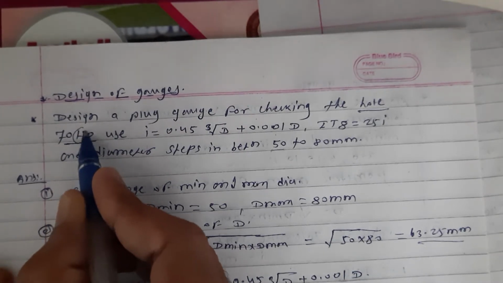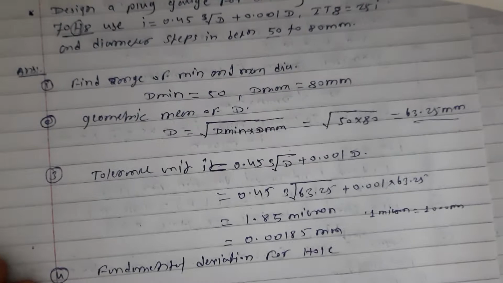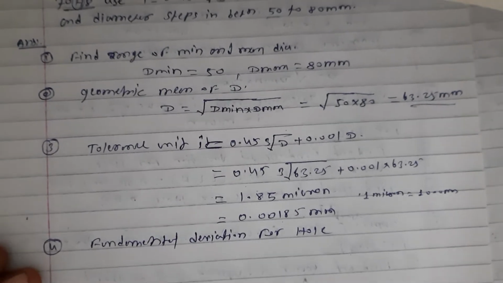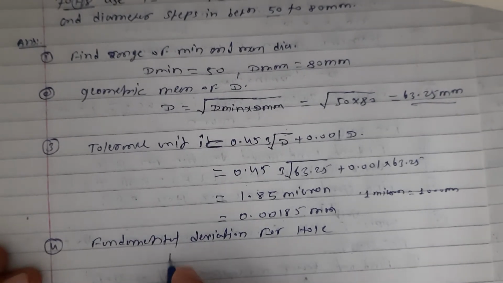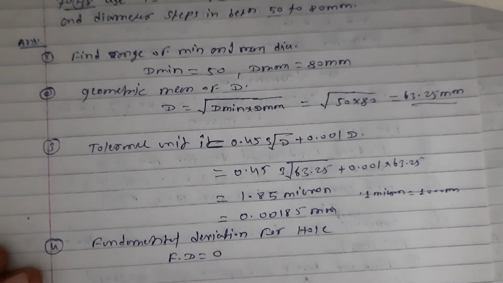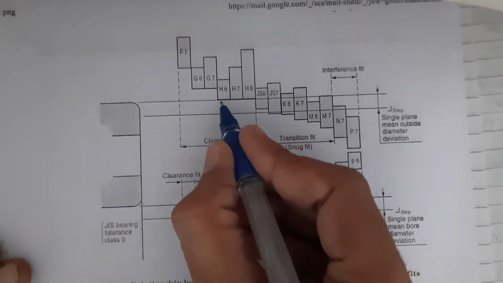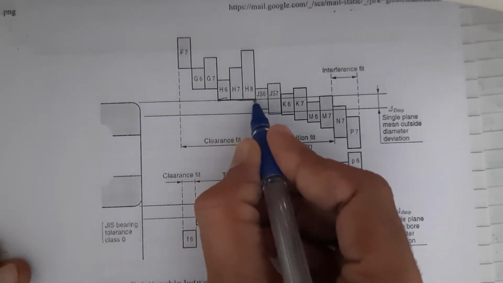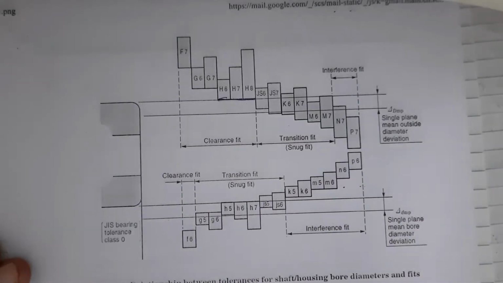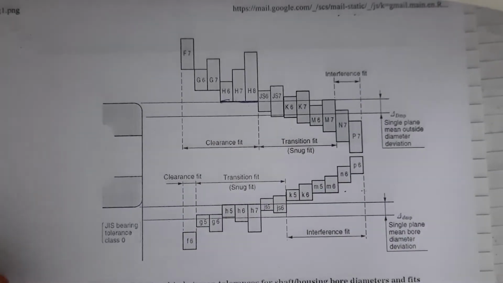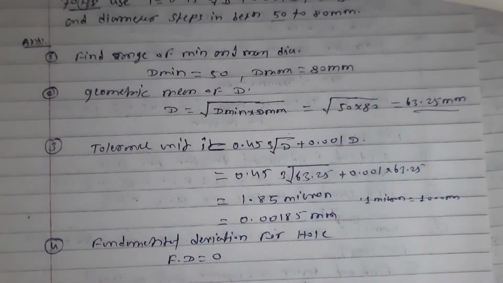H is the fundamental deviation, and for H it lies on the zero line. That's why the fundamental deviation is equal to 0. Remember that I have shown in the chart: the fundamental deviation is 0 because H lies on the zero line.